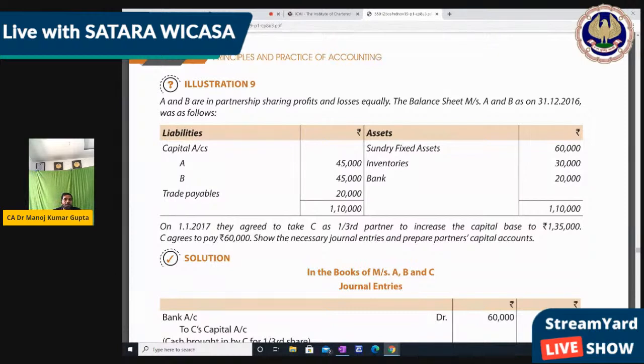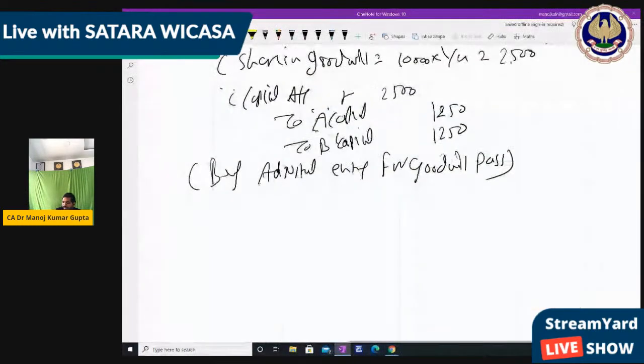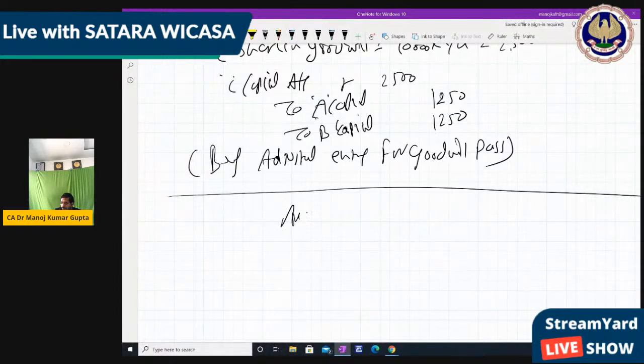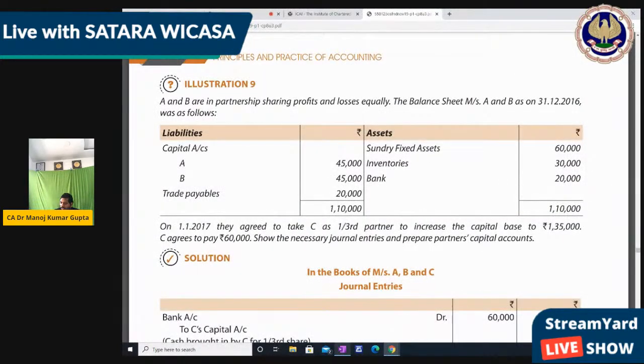So friends, first of all, we should identify that C is a 1/3 partner to increase the capital base to 135, meaning they want to maintain the capital base at 135, but C is bringing 60,000 for a 1/3 share. That means there is some hidden goodwill also. So first we do the hidden goodwill treatment. The answer to question number 9 is on page number 8.70.